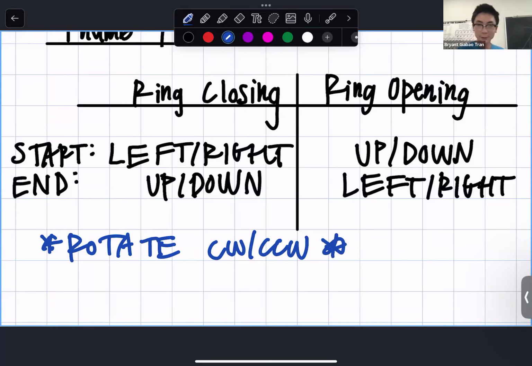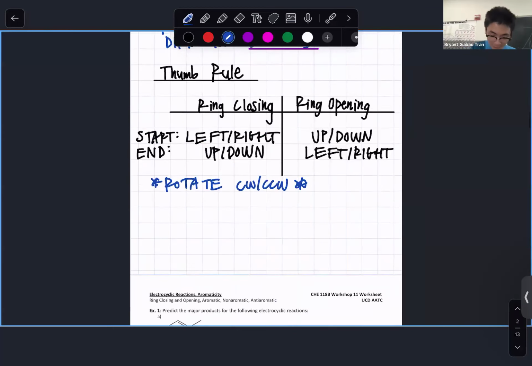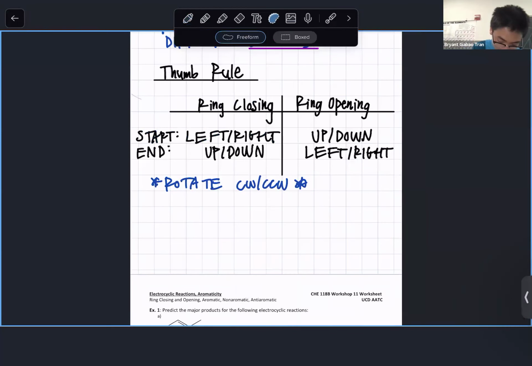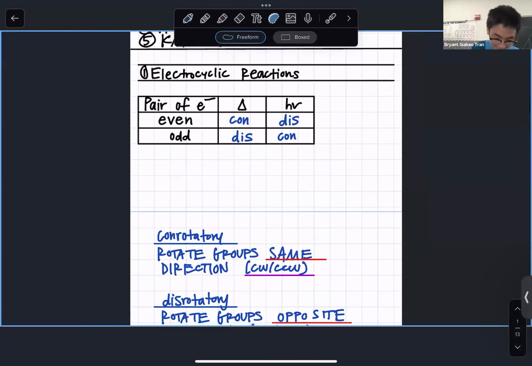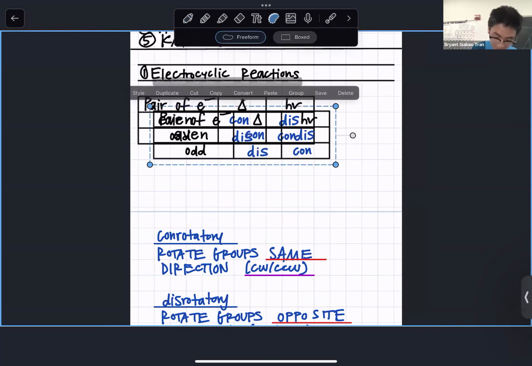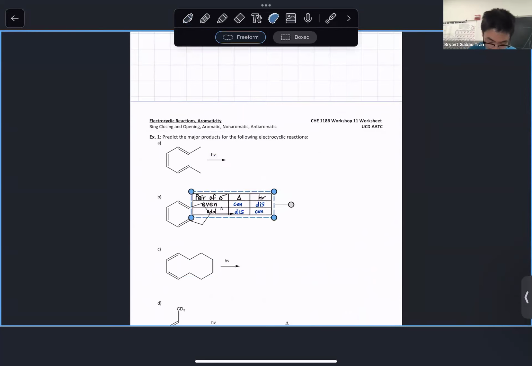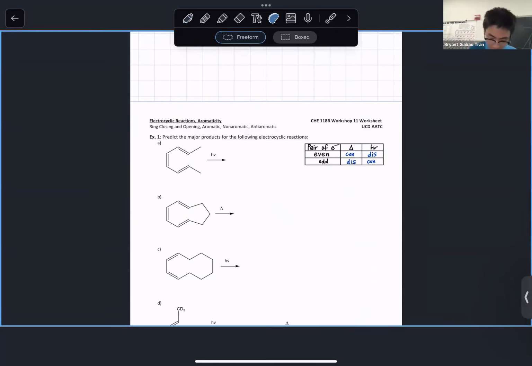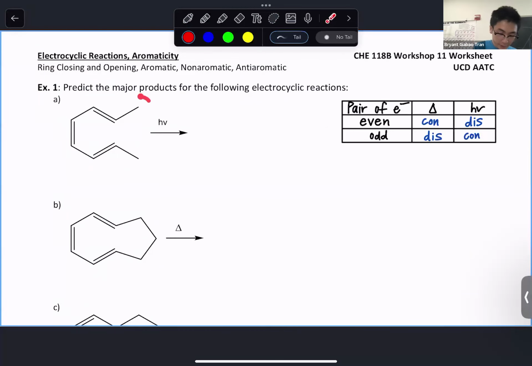Right. So let's look at some examples on this, where this table here is going to help us determine what kind of direction the ring opening or ring closing is going to be in. So we see in this structure here, this is happening under light.